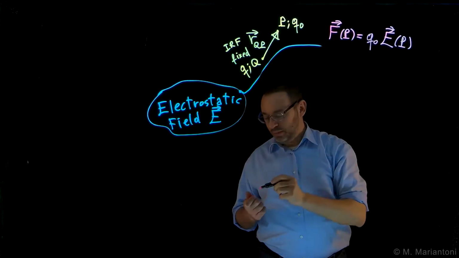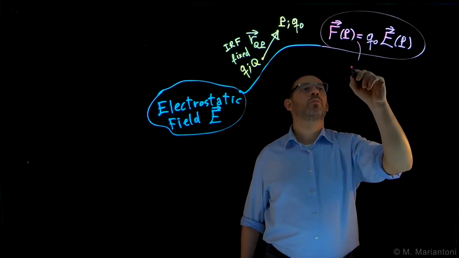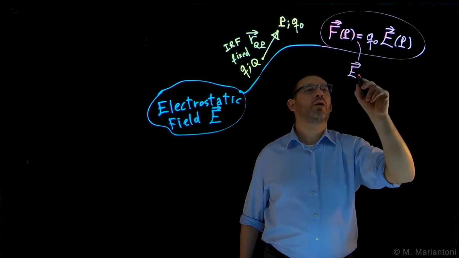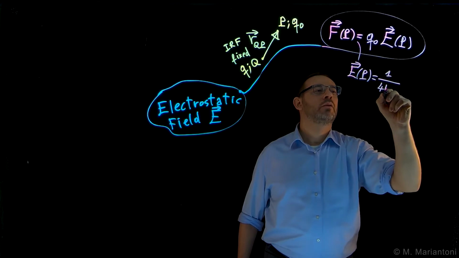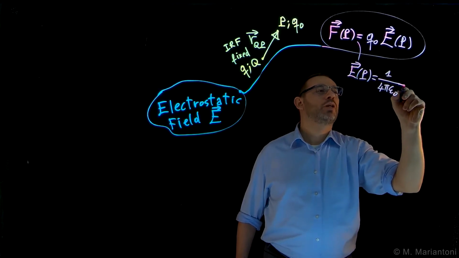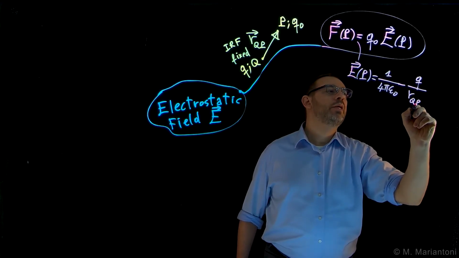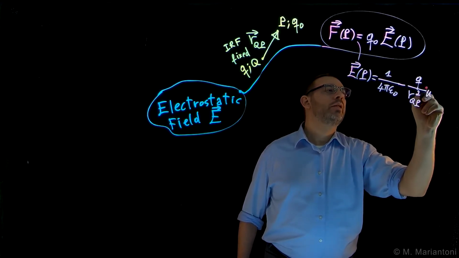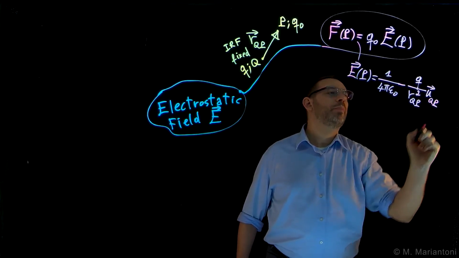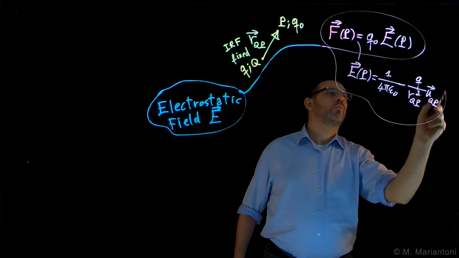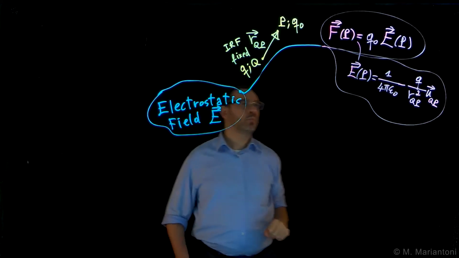In this specific case, this is a Coulombian quantity, given by 1/4 pi epsilon naught, the source charge Q divided by R_QP squared, in the direction U between Q and P, a vector quantity. This is our electrostatic field E for a single particle.